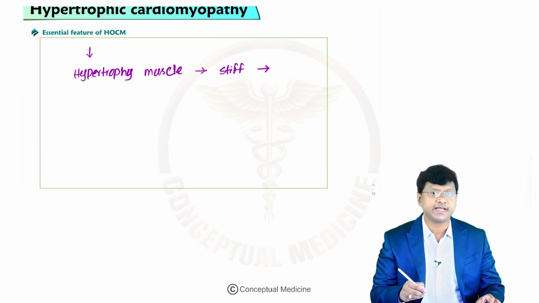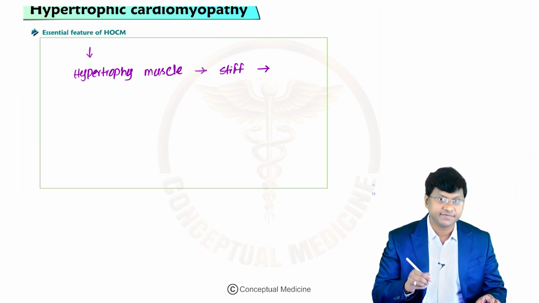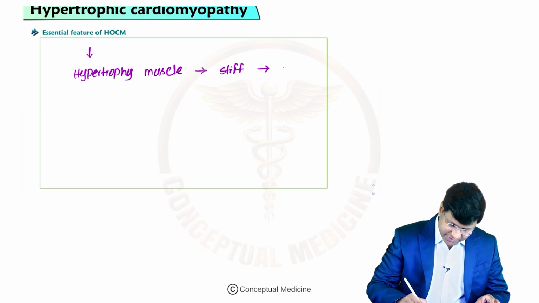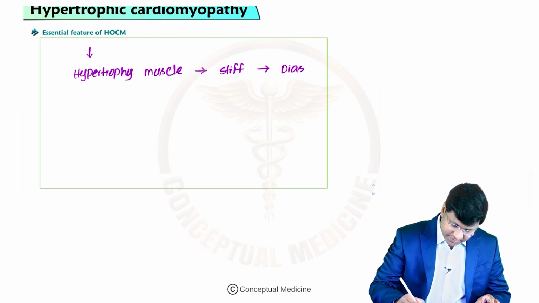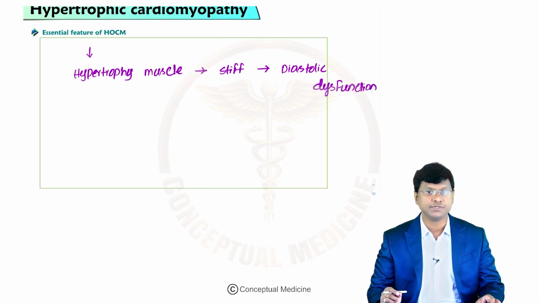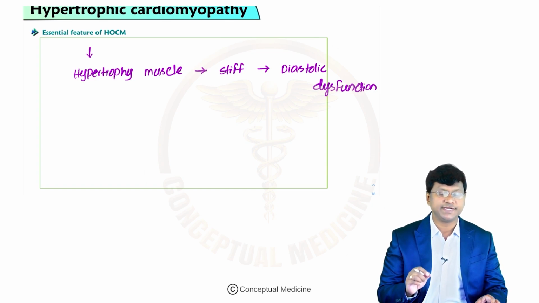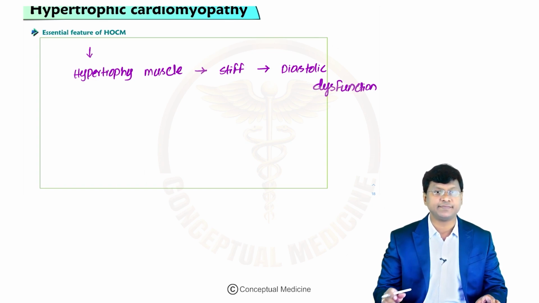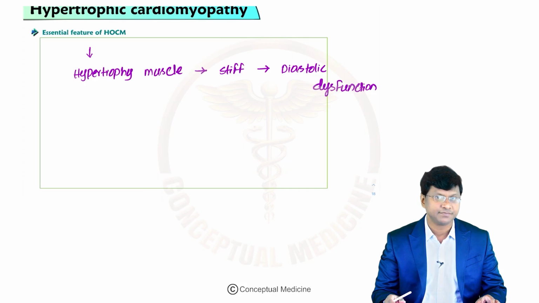Once the hypertrophied muscle becomes stiff, these individuals will develop diastolic dysfunction. So diastolic dysfunction is a characteristic feature of hypertrophic obstructive cardiomyopathy.